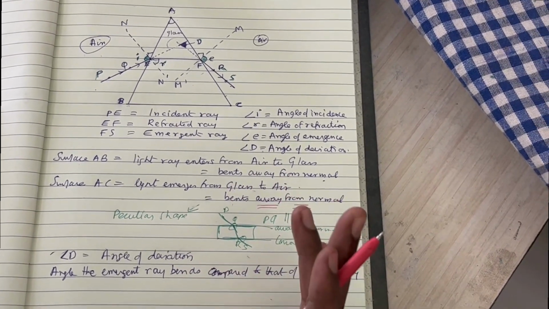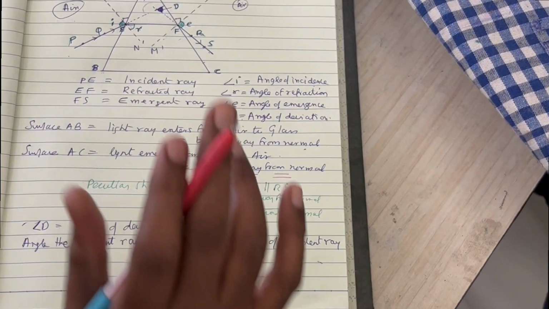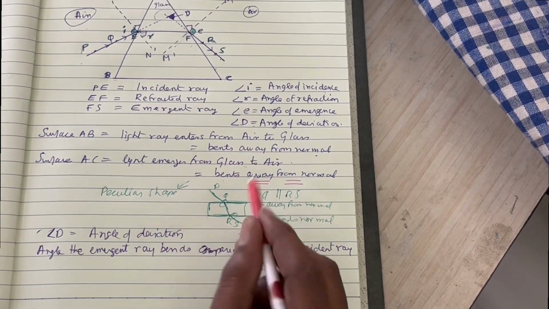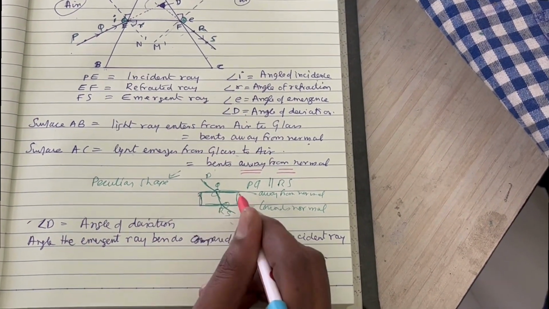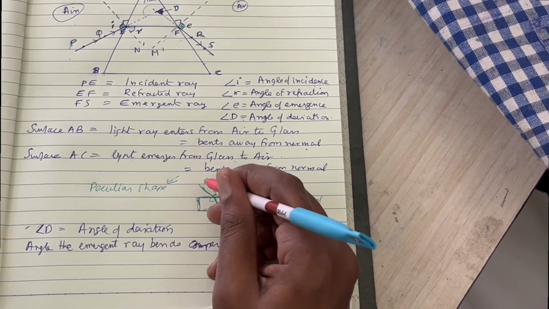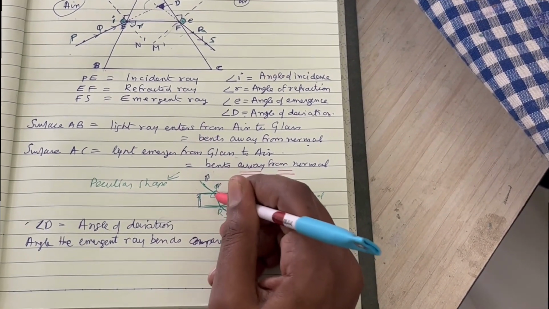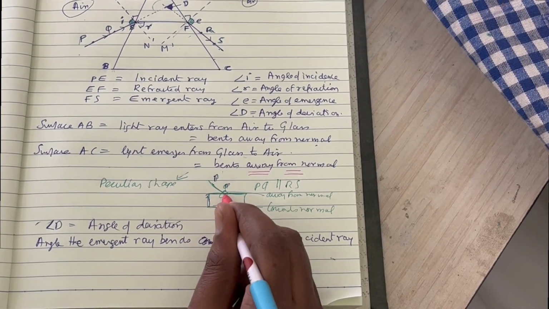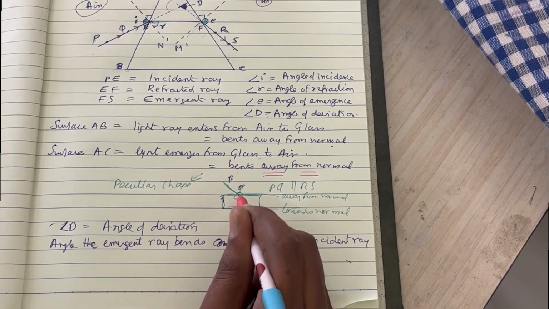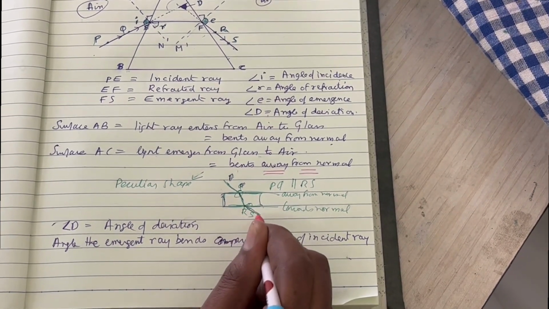In the previous physics chapter of the science section, we learned that if you are dealing with a glass slab, this is the incident ray, PQ, this is the refracted ray, and RS is the emergent ray.